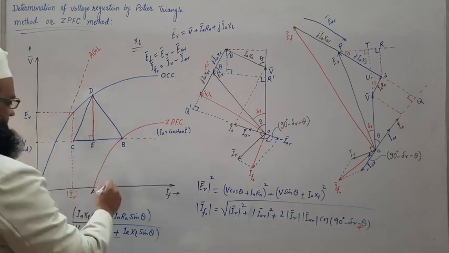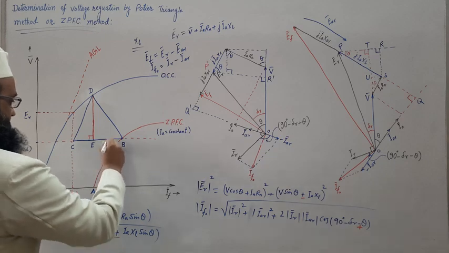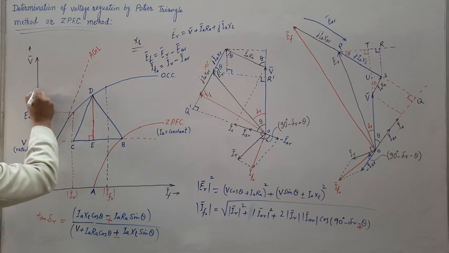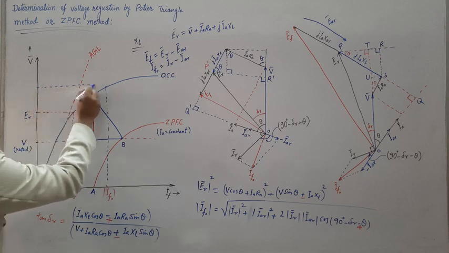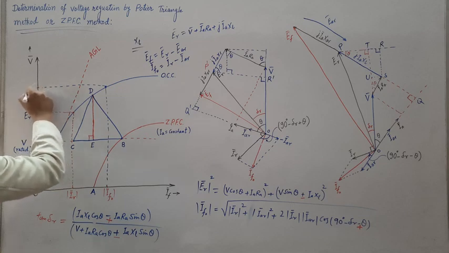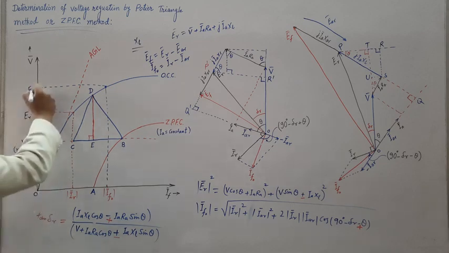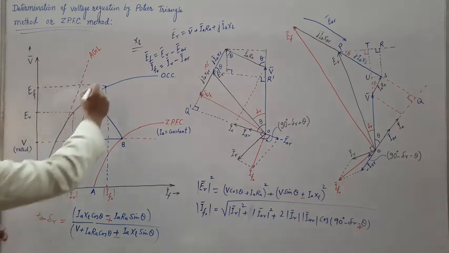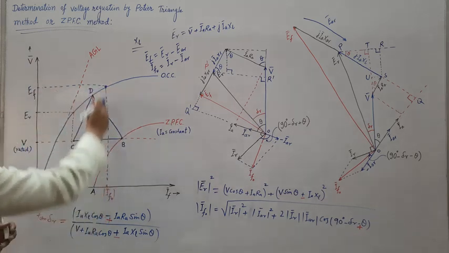From OCC, we can get this EF, magnitude of no load EMF from OCC. This is the point at which this line intersects.